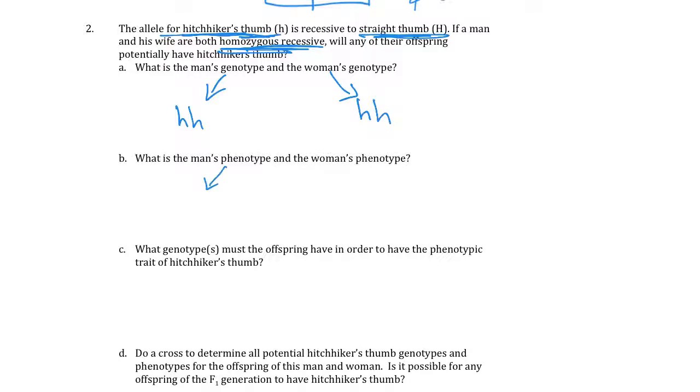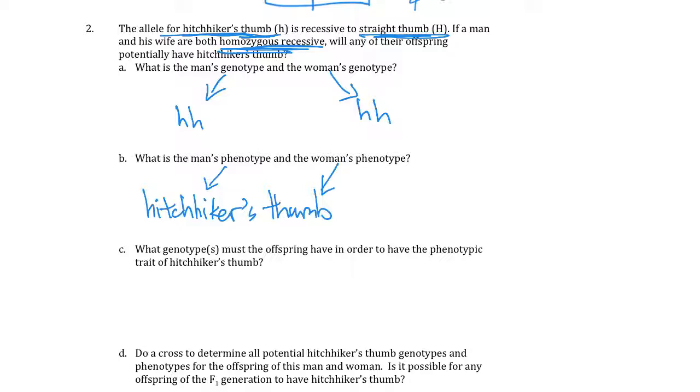So we can say hitchhiker thumb, and that's for both of them. What genotypes must the offspring have in order to have the phenotypic trait of hitchhiker's thumb?